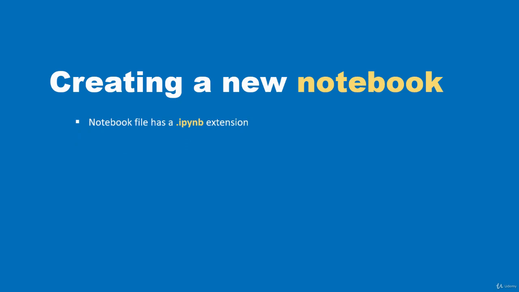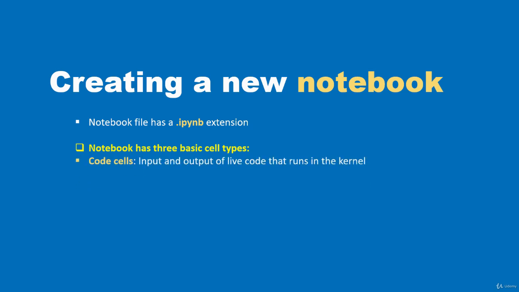Also, a notebook consists of three basic types of cells. They are code cells, which will include the input and output of the live code that runs in the kernel. And then we have the markdown cells, which are narrative text that contains embedded LaTeX equations.